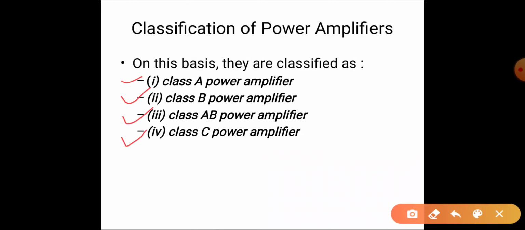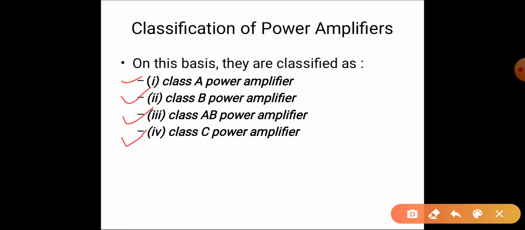The power amplifiers are classified further beyond this, that is class D and further, but we will not require that many classes. So for our understanding, we'll only consider these 4 classes, that is class A, class B, class AB and class C.